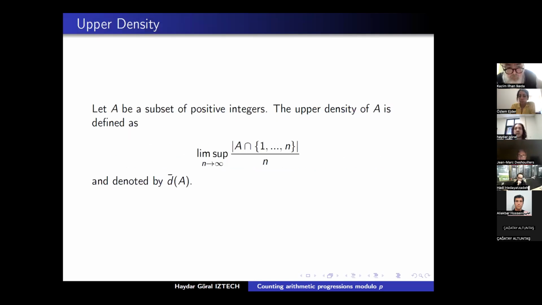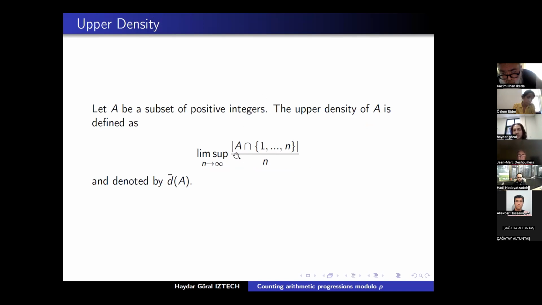And in this topic, the notion of density is very important. Whenever you have a subset of positive integers, call it A, the upper density is defined by this limit. Lim sup when n goes to infinity, you intersect A with the first n numbers, you take the cardinality and you divide by n.